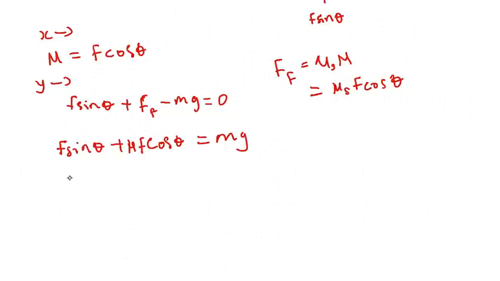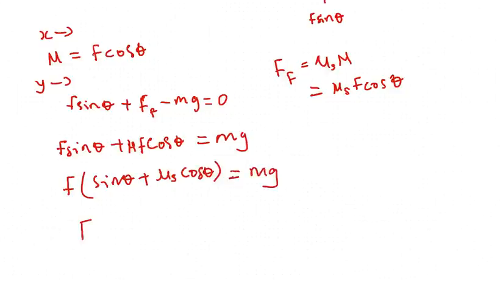Making F the subject of the formula, F times sine theta plus mu s cos theta is equal to mg. So the force will be equal to mg divided by sine theta plus mu s cos theta.